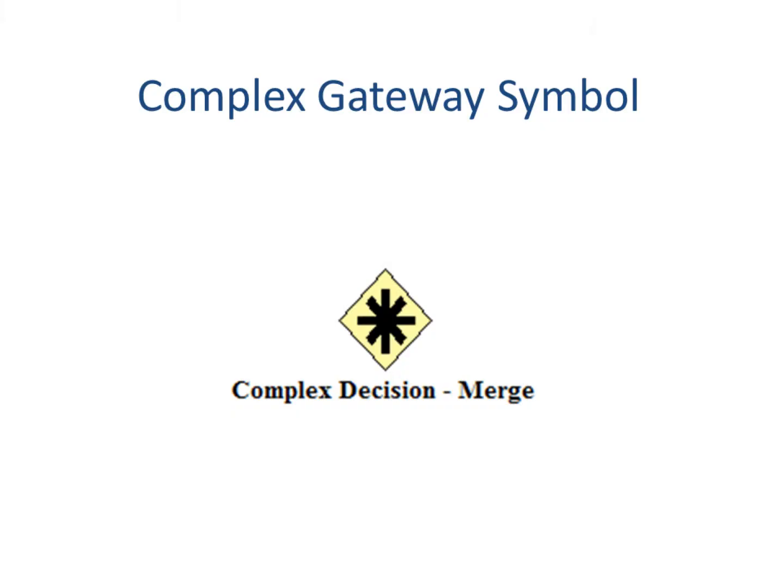When the gateway is used as a merge, then there will be an expression that will determine which of the incoming sequence flows will be chosen for the process to continue. The expression may refer to process data and the status of the incoming sequence flow. For example, the expression may specify that any 3 out of 5 incoming tokens will continue the process.